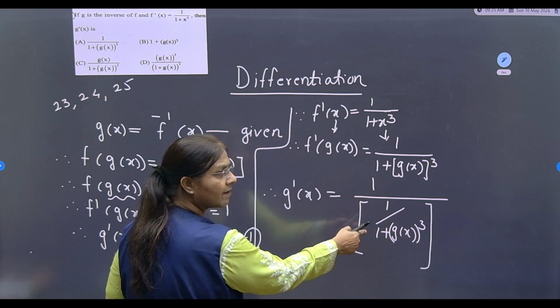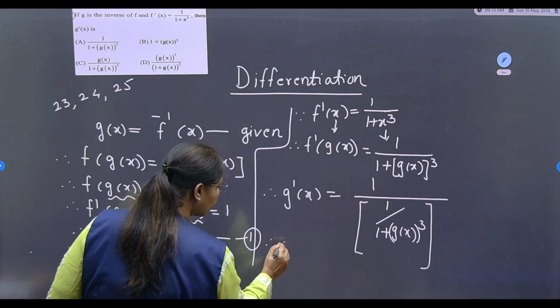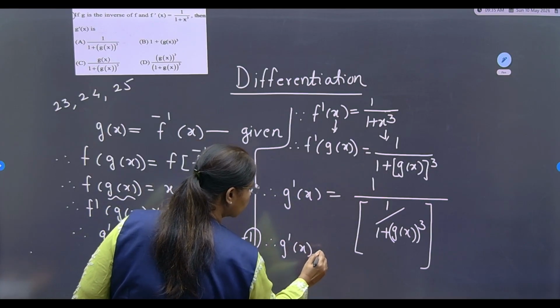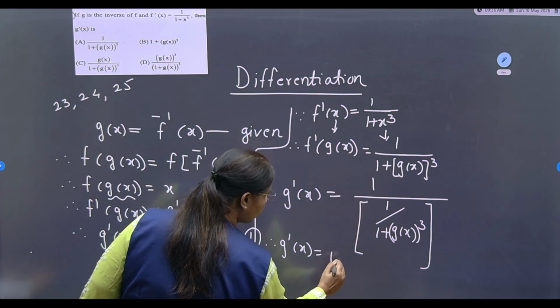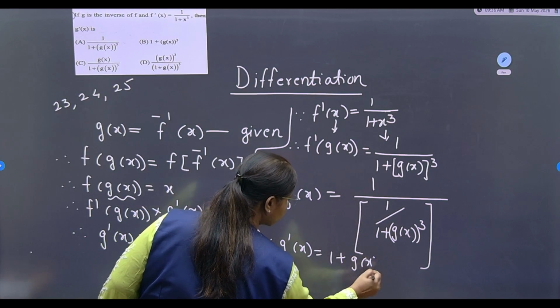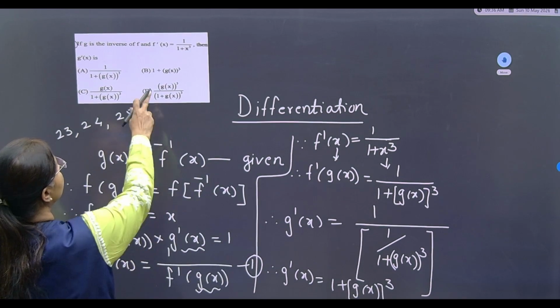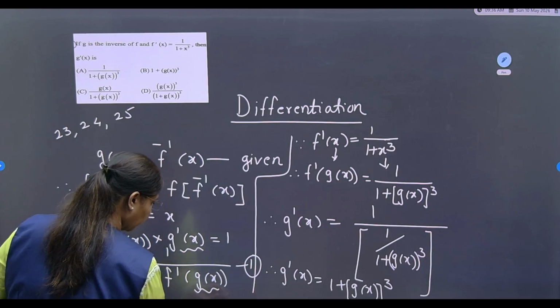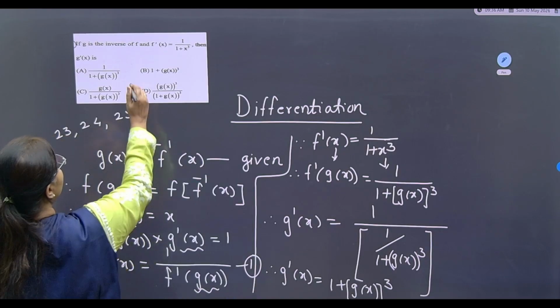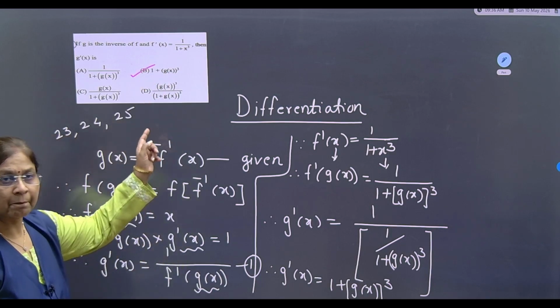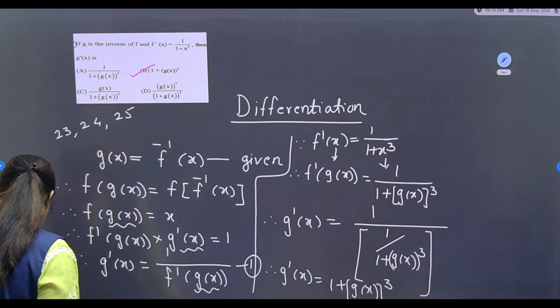Then divided by reciprocal. Therefore, here we get g dash of x is equal to 1 plus g of x whole bracket raised to 3. Yes, option B, correct option. Next example.